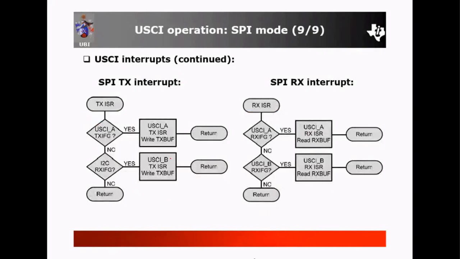So now you can see how the interrupt will be serviced. First, for the interrupt purpose, the transmitter end: the TX ISR, the transmitter interrupt service routine. When it is executed, it checks the TXIFG flag, the transmitter interrupt flag.